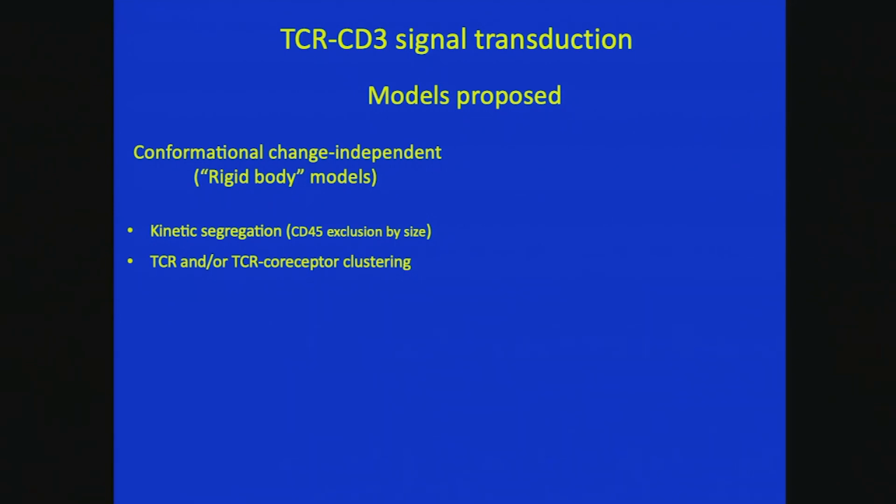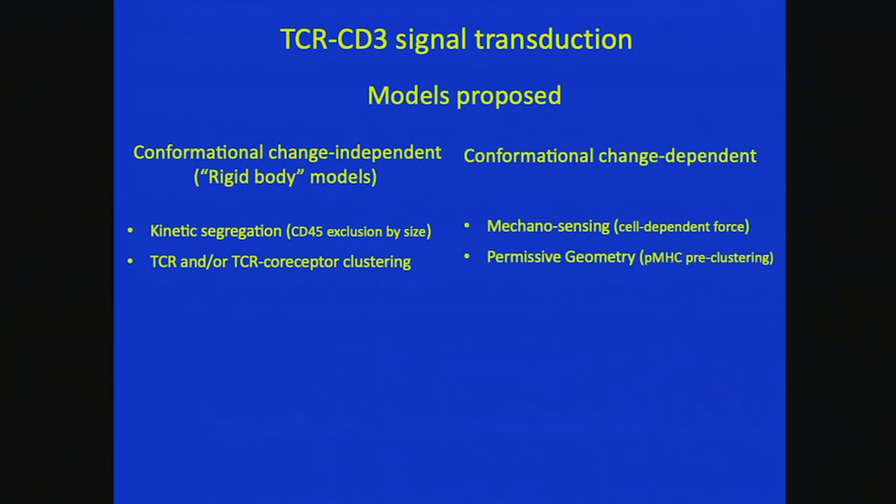If you think about it well and look at the literature data, you always have to look at what the literature says and confront it with whatever idea comes up. In fact, there were very critical points that were not explained by this idea. There was a second one, mechanosensing, which came very much in vogue. Now, everybody likes mechano. A lot of physicists come into the field, and of course they have to find a job. I'm sorry, but it's like that. So they like very much to put force everywhere. Of course, force is everywhere. There are some forces, in fact, when the TCR engages with peptide MHC.